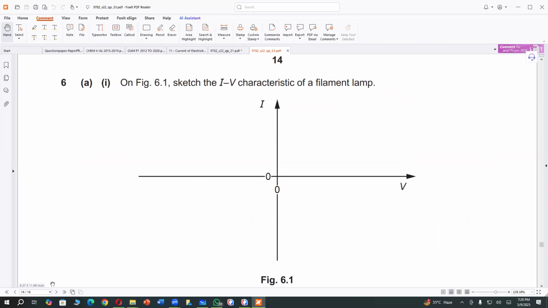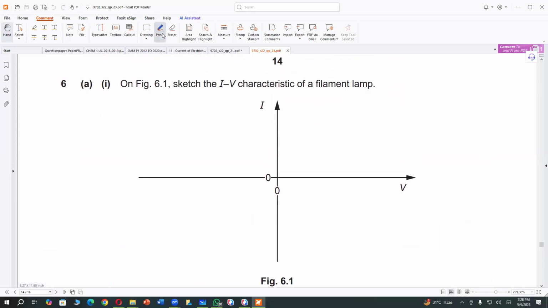The filament lamp resistance increases as temperature increases. The graph has a tendency to bend towards the voltage axis.